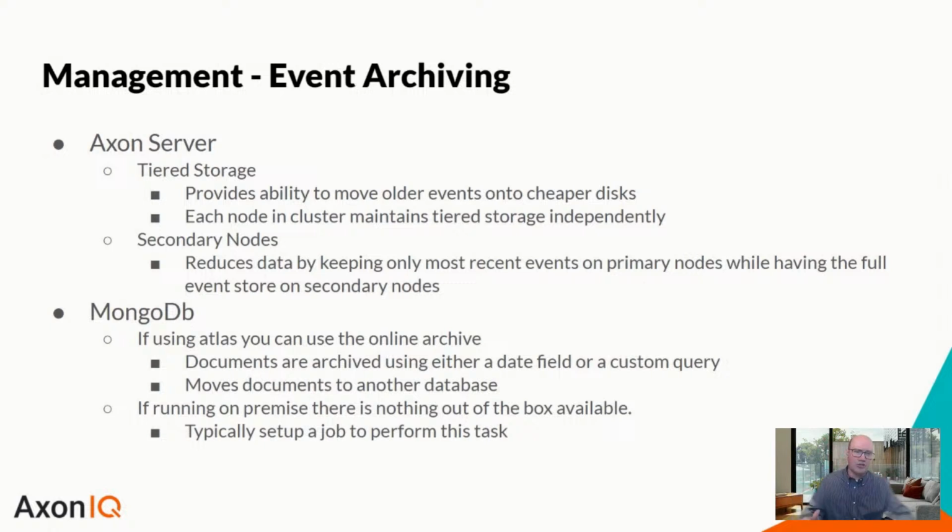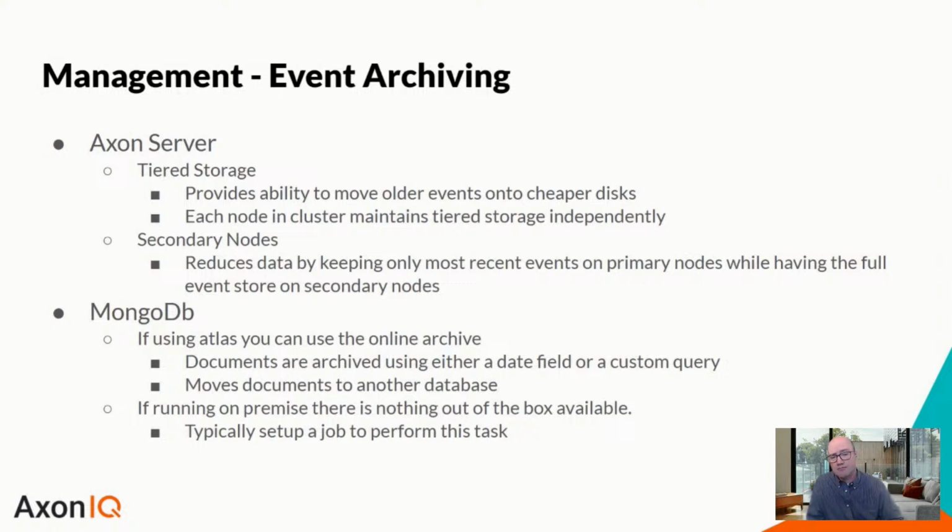They'll each keep pushing the events that they have locally in their copy onto that cheaper storage over time. So you're not reducing the number of events, but rather you're able to save money on what it costs to store these events over time.